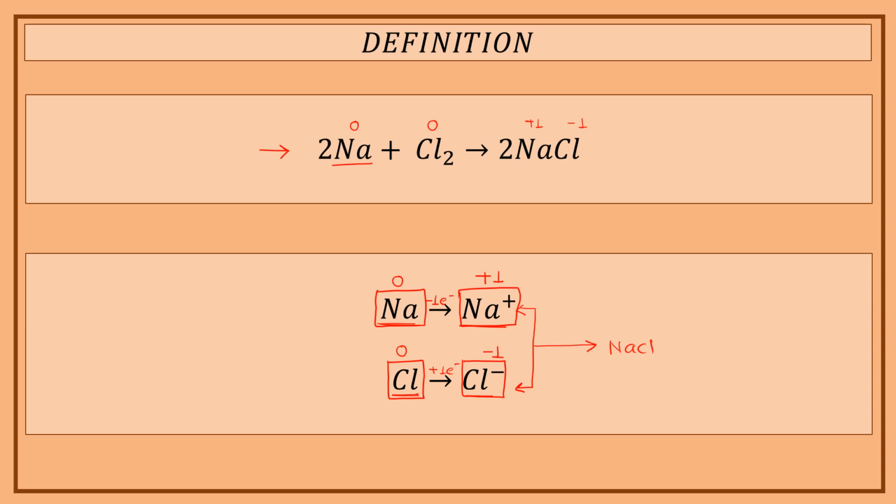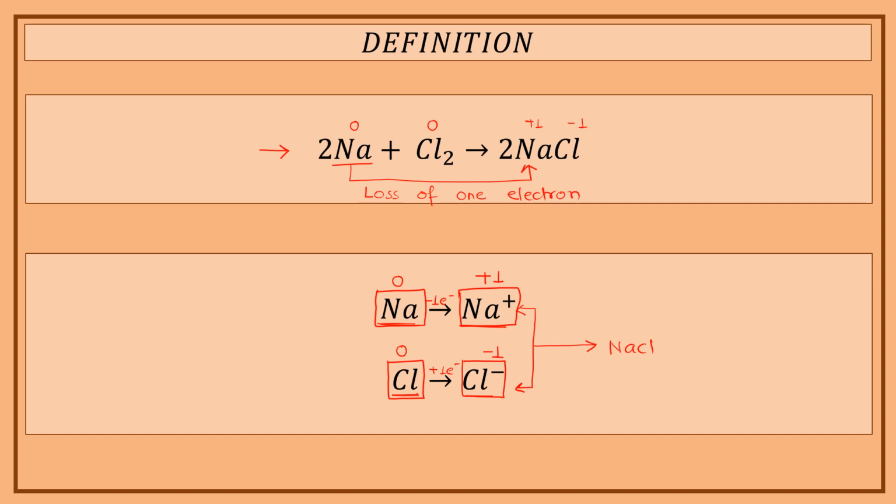Now, if we exploit these numbers that we just assigned, we can see that they are also giving us information about the loss or gain of electrons from an atom. If we follow the route of the sodium atom, we will conclude that there has been a loss of electron, specifically one electron.